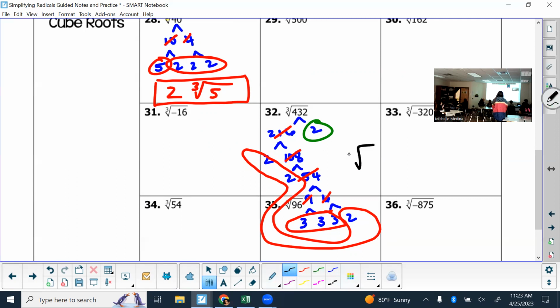In the jail, because it didn't have a partner, or for this one you need 2 partners in addition to yourself, so that one stays inside. What do I do if I have a triple of 2s and a triple of 3s? Multiply them. What's 2 times 3? So it goes 6 cube root 2 for that one. So that was a good one to go over. It was a little more challenging, but still the same concept. Good.